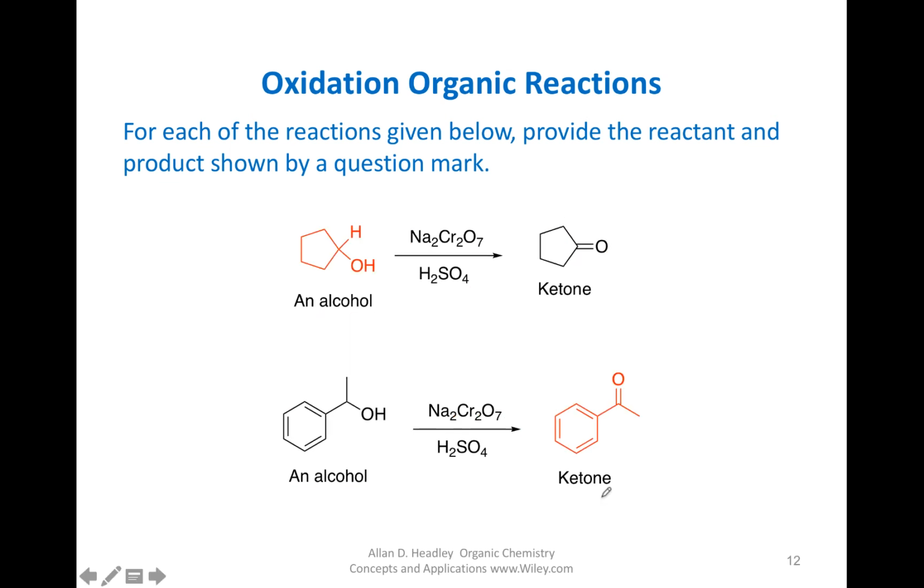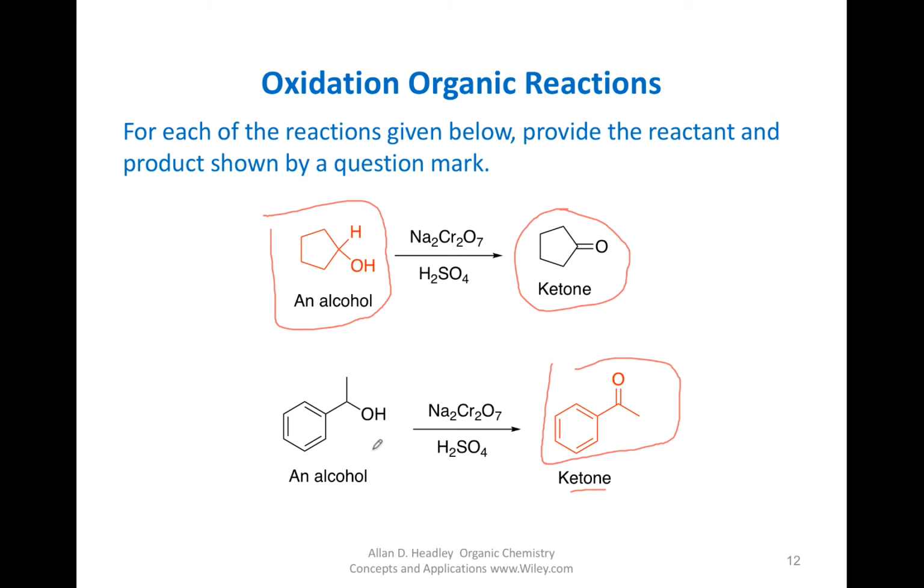And what you should get is an alcohol that looks like this for the reactant to give this ketone as a product. A ketone, which when an alcohol of this type reacts, don't forget there's a hydrogen right here, by oxidation we get that as the product.